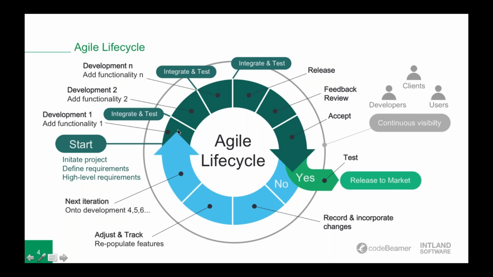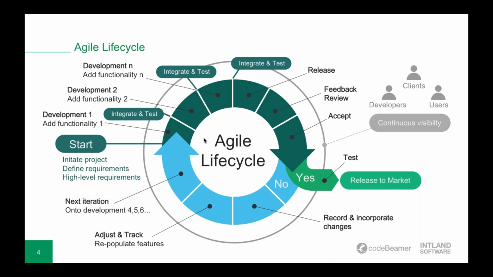First part one of your first functionality, which is then followed by the testing of that functionality. Then you go on and develop functionality 2, which is followed by integration and testing, and then functionality 3, 4, and so on. Every function development is always followed by integration and testing.